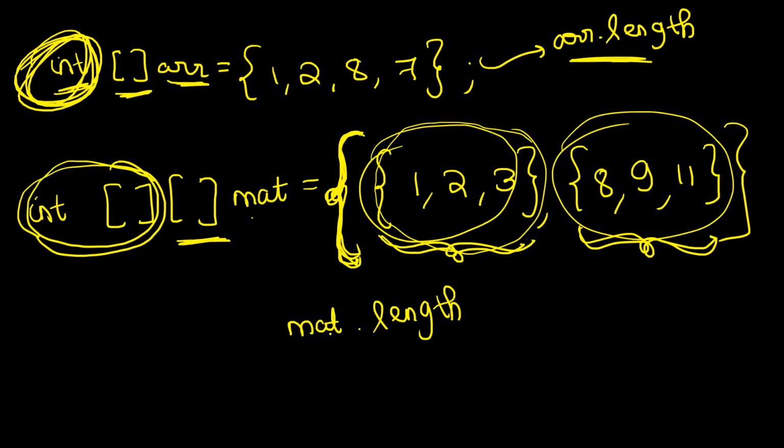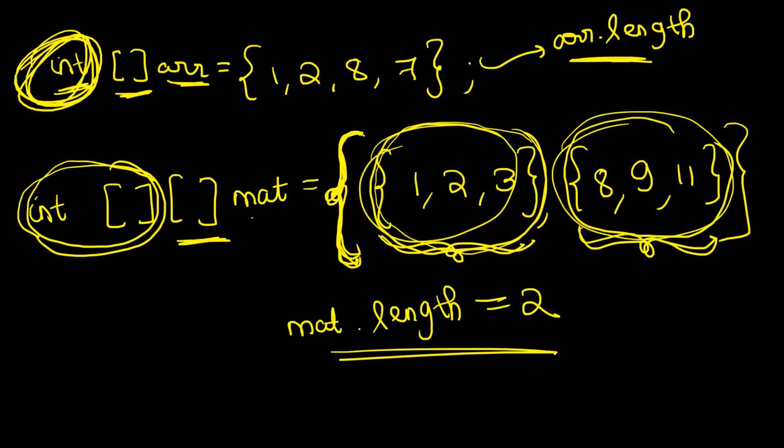So mat.length will give you 2, which is nothing but the number of rows inside your matrix. 1, 2, 3, this is one row. 8, 9, 11, this is the second row.